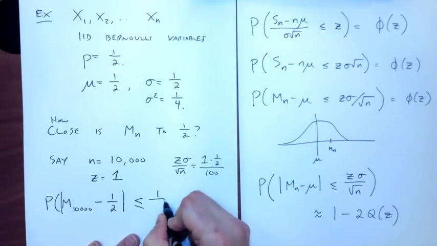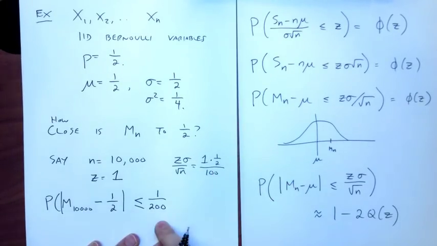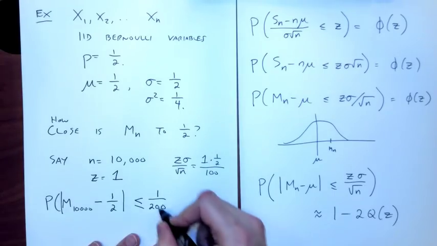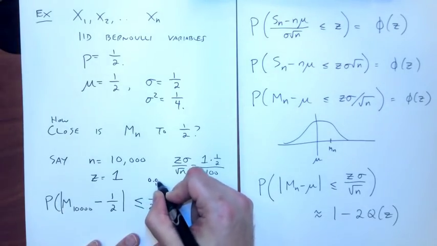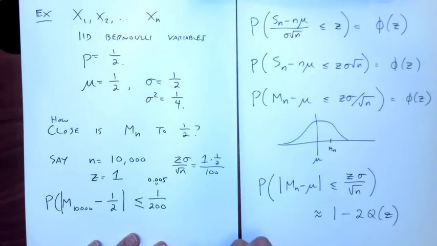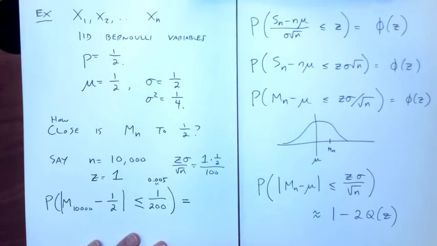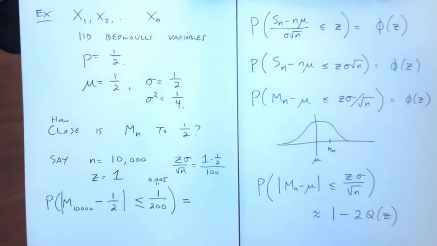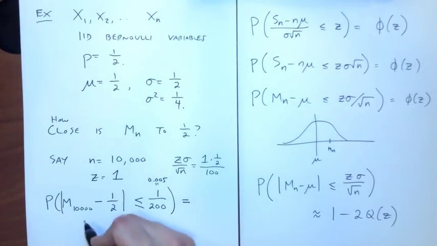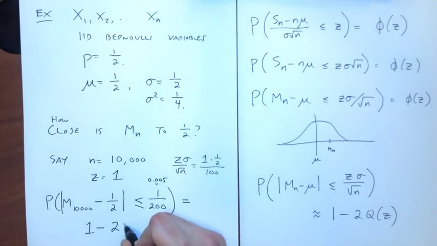So that's like saying that the probability that I'm within 1/200th of 1/2, which is pretty close, that's 0.005, is approximately, I'm going to say equals because we're all friends here, 1 minus 2 times the Q function of this z value.